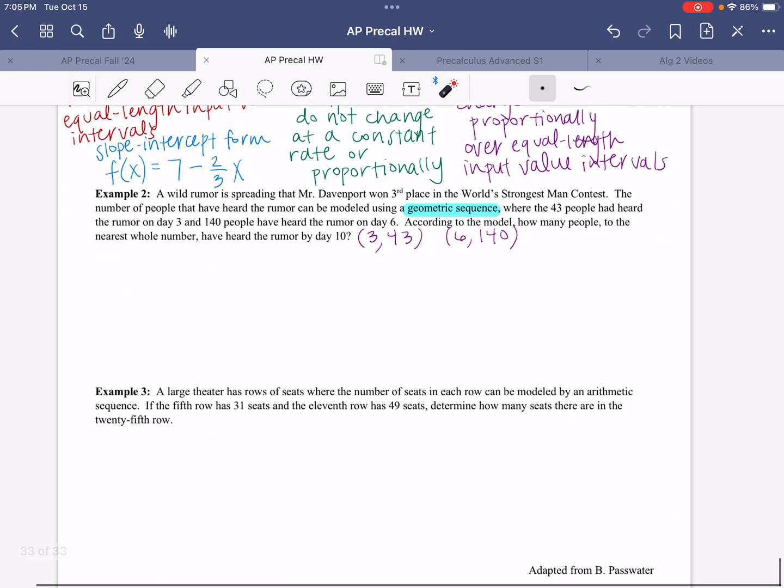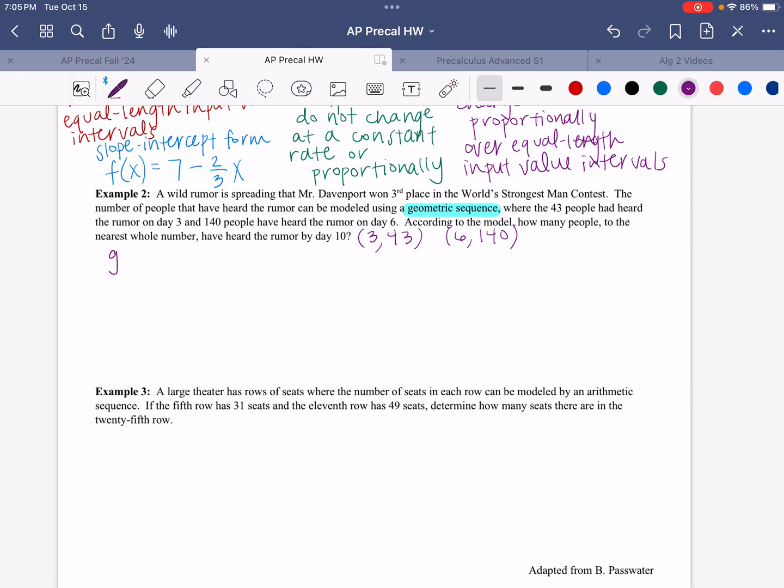So I'm going to go ahead, if we look back at our formulas, and use this formula right here. I'm going to write the formula first just as a refresher. Times r to the n minus k power. And I'm going to treat the first ordered pair as k and its output, and then the 6 as n and its output.